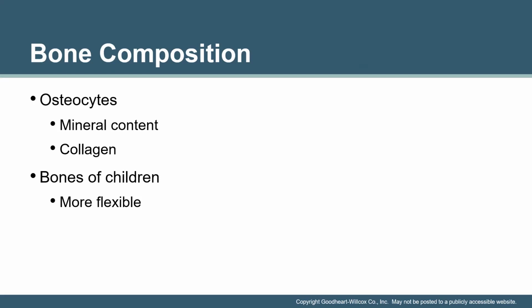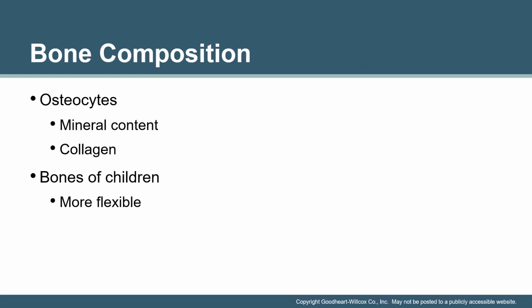Now, there's another approximation of between 30 and 40% of bones that is made of a protein named collagen, which we've mentioned previously. Collagen delivers a bone the ability to resist twisting. So it actually delivers bone a level of flexibility.